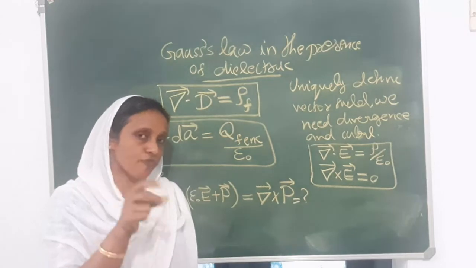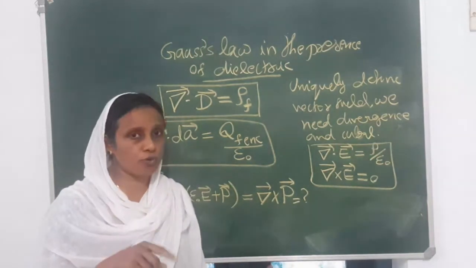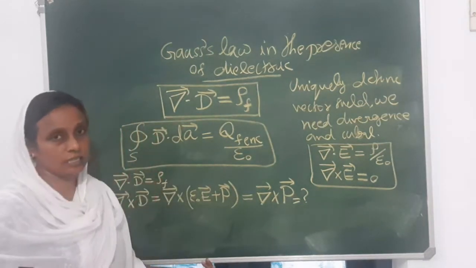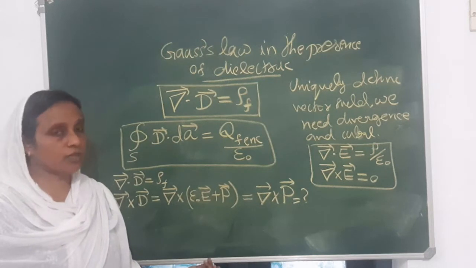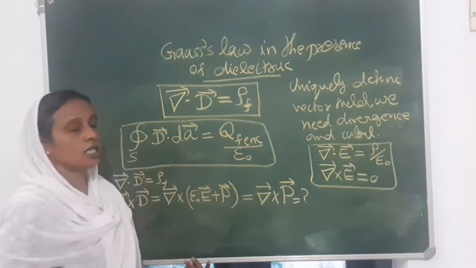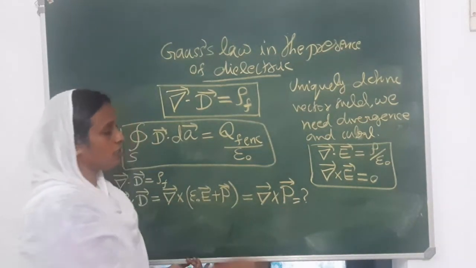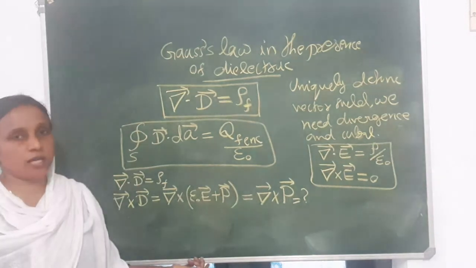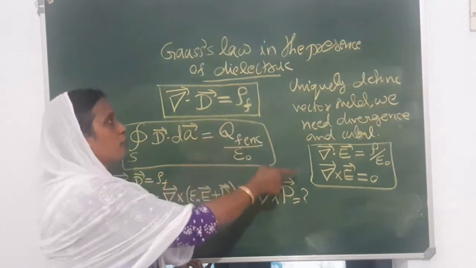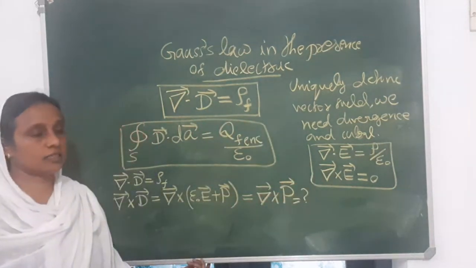If there is some symmetry, then we can make use of it and find the electric displacement vector D. Otherwise, there is no way to fix D, because the polarization is not known to us. That is the difference between the electric displacement vector and the electric field.